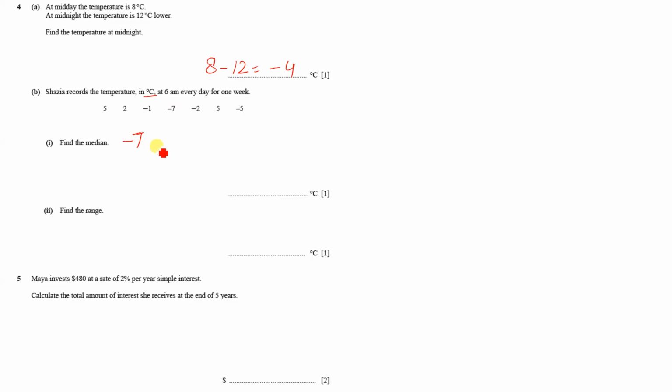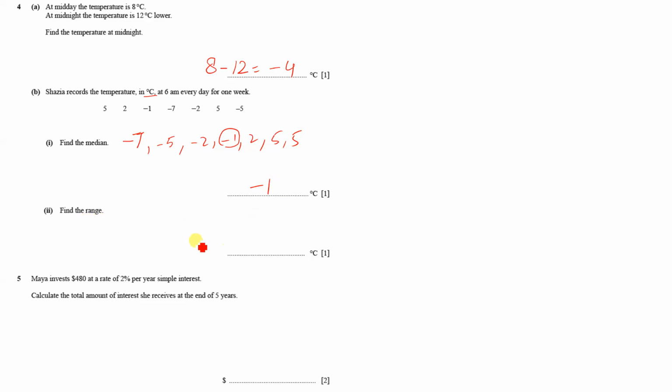So negative 7, negative 5, then negative 2, negative 1, and we have then 2, 5, 5. So the median will be, so 1, 2, 3. So this is the middle number. So the median will be negative 1.